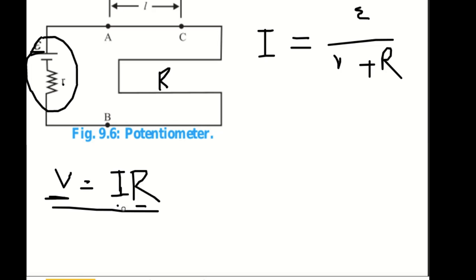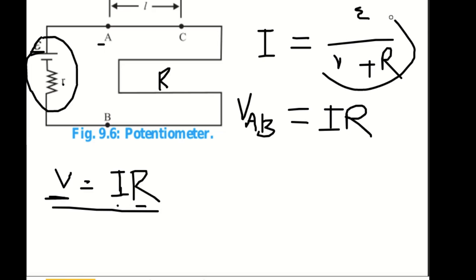Now if I have to use this Ohm's law again and want to find out the voltage or the potential difference between any 2 points in this wire, let's say from point A to point B, then I have to multiply this with current, but this time the resistance is only R. So I can write the potential difference between point A and B is exactly equal to I into R. So I is this much quantity and R is resistance.